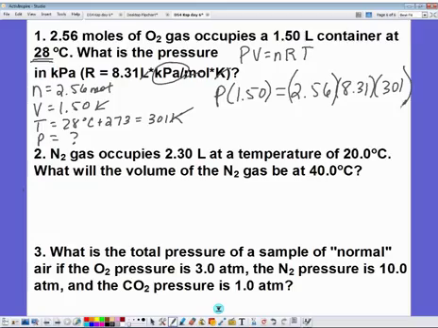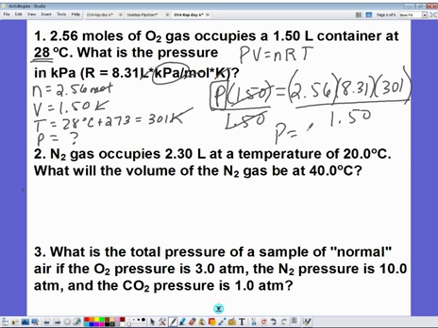Now, Hunter, how do I isolate my P? How do I get him all by himself? Everything gets divided by 1.50. Both sides get divided by 1.50. Yes? That isolates my P. And Lauren, what do I get for my answer? Okay, so the unrounded answer is what? 4268.90.